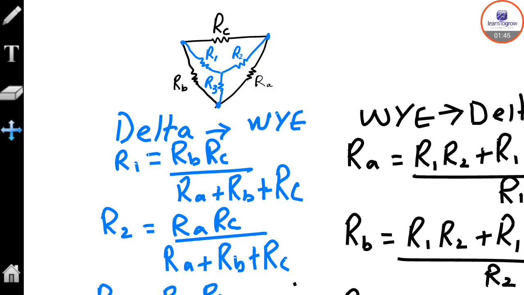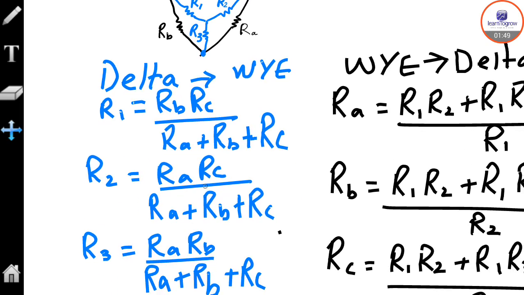When we get R1, R2, and R3, we will have a wye circuit. For R1, R2, and R3, we have these three formulas. Here, the denominator is the same throughout the formulae, but the numerator changes with the resistors. For R1 it is RB times RC, for R2 it is RA times RC, and for R3 it is RA times RB.